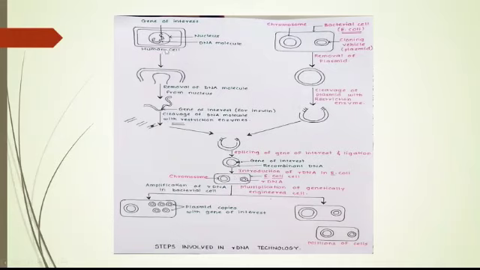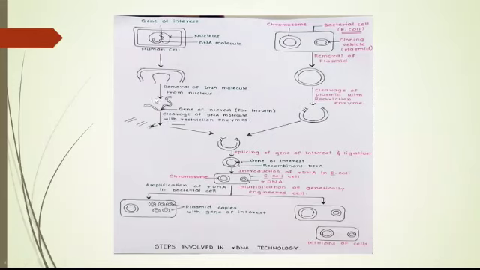The first stage is the selection of the cell. This cell is a human cell, showing the presence of a nucleus. Inside the nucleus there is a DNA molecule, and this is our gene of interest, that is the gene for insulin. Then the second step: the cell from which the target DNA segment is taken is broken, its nucleus is also broken, and the DNA molecule is taken out.